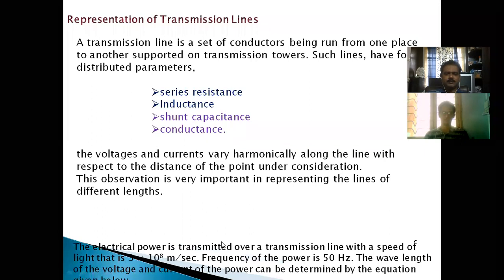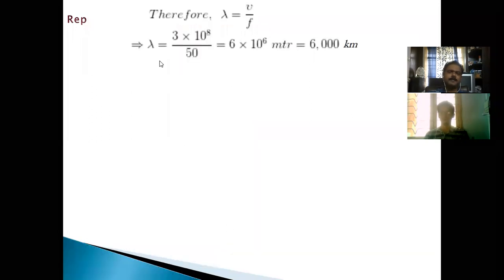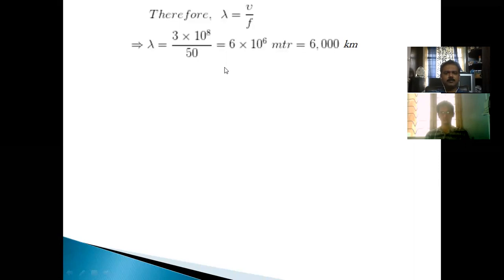If we observe the voltage or current waveform on a transmission line, it travels with the speed of light, which is around 3 into 10 to the power of 8 meters per second. That is equal to the velocity of the voltage or current waveform on a transmission line.